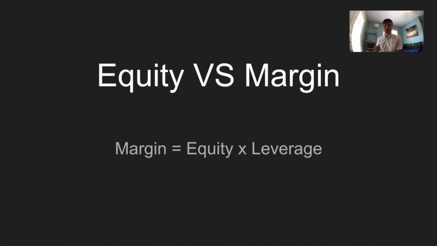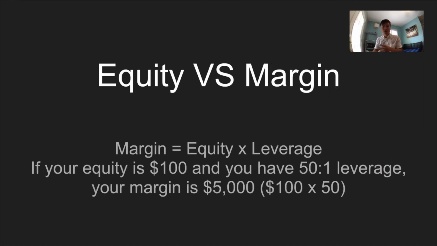Your margin is your equity times your leverage. So in the last video, I showed you how we had 1 to 500 leverage, or 1 to 100 leverage, or 1 to 50 leverage. This is what I was talking about. So if you have, let's say, $100 in your account, $100 equity, and you have 1 to 50 leverage, your margin is now $5,000. That's just $100 times 50, your leverage.